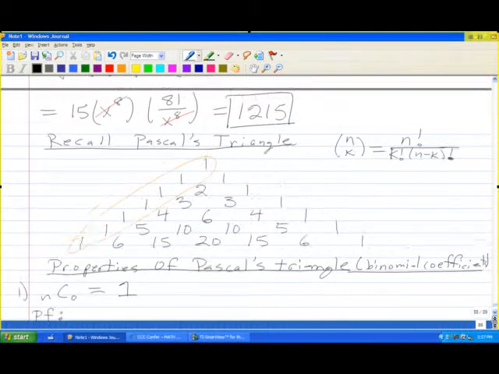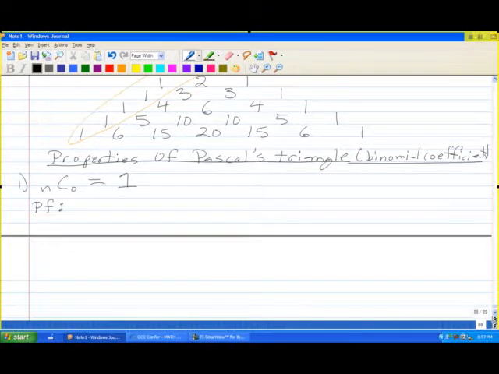Okay. And so if I plug in 0, I get nC0 is equal to 1.